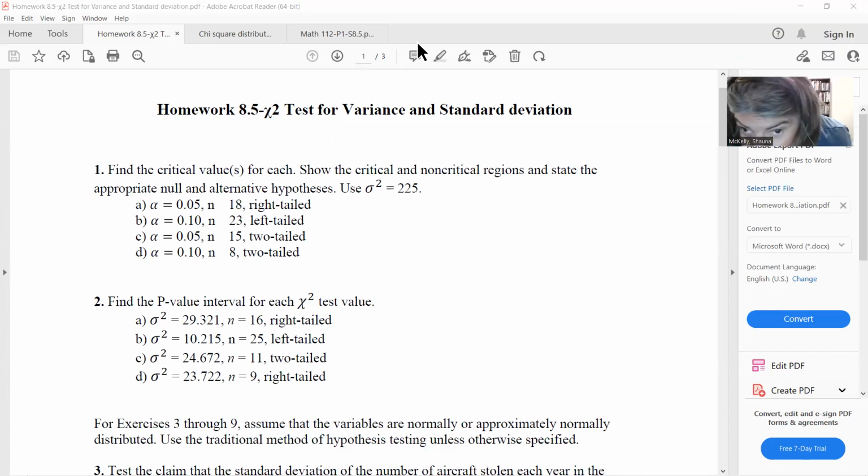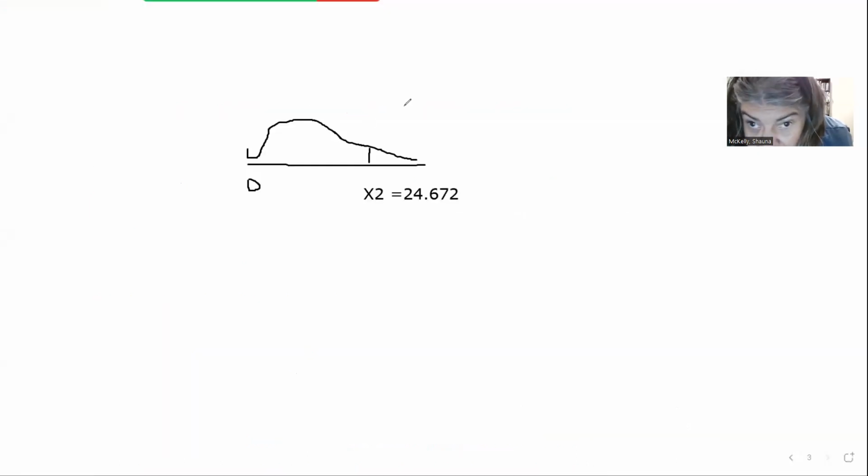And this is not chi squared. I'm sorry. This is sigma squared. So let me fix that. Sigma squared is 24.672.